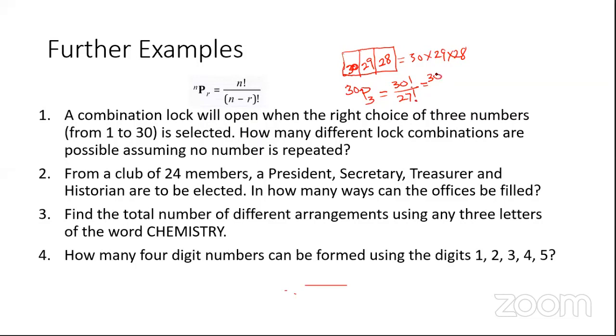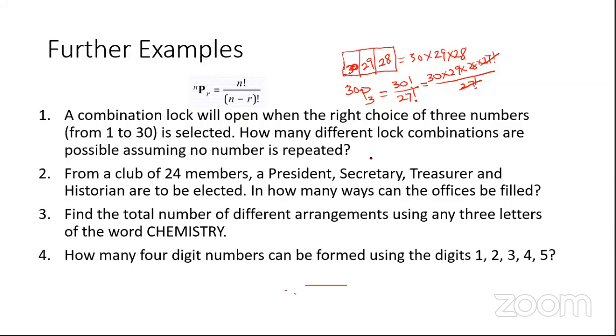So you reduce it: 30 times 29 times 28 times 27 factorial, divided by 27 factorial. You can see that we have the same thing, 30 times 29 times 28. So that's the solution to that particular question.